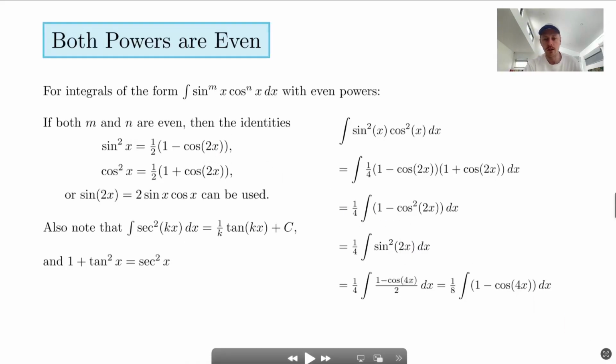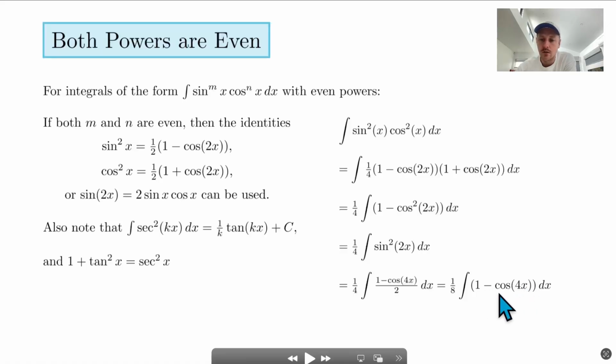So we get a quarter times the integral of (1 minus cos 4x) on 2 dx, which is just the fact that we've got a 2x instead of a regular x, so that becomes a 4x. Then you get 1/8 the integral of (1 minus cos 4x) dx, because you factor out the 1/2, and half times a quarter is 1/8. Finally, this is quite integratable.